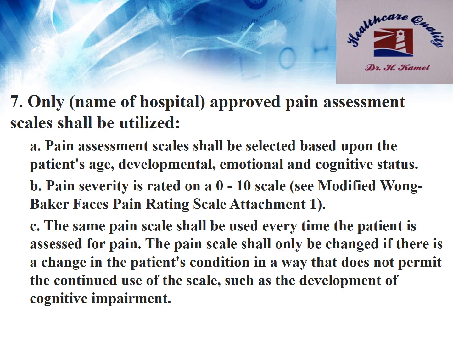The same pain scale shall be used every time the patient is assessed for pain. The pain scale shall only be changed if there is a change in the patient's condition in a way that doesn't permit the continued use of the scale, such as the development of a cognitive impairment.